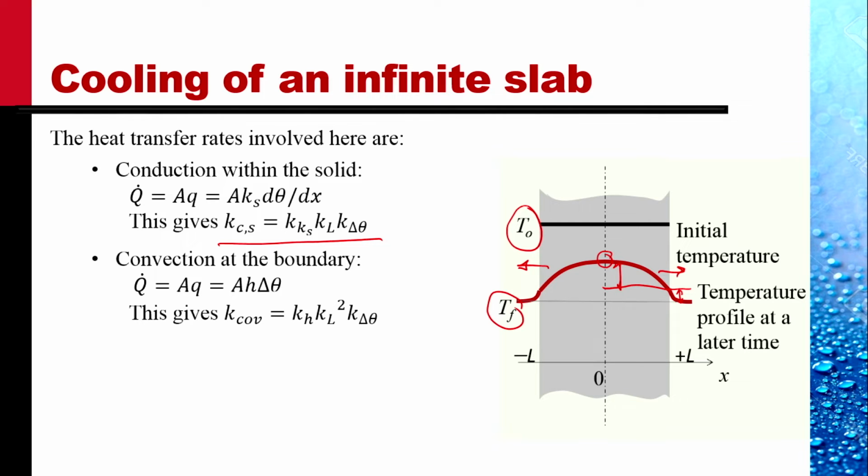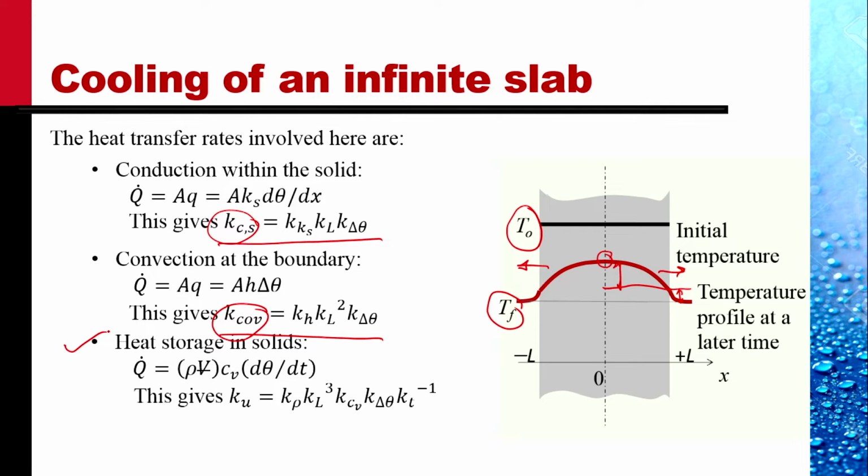Q dot is like A q, the heat flux, by Newton's law of cooling. This is A h delta theta, which gives you the scale factor for convection, h L square, K delta theta. The two laws, the Fourier law and Newton's law of cooling. There is a third law that is relevant: heat storage in solids.